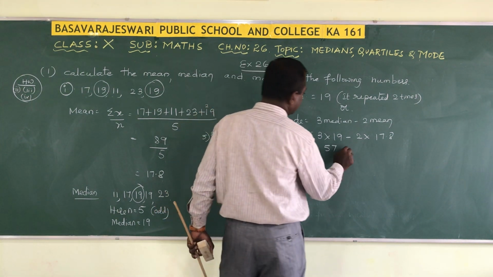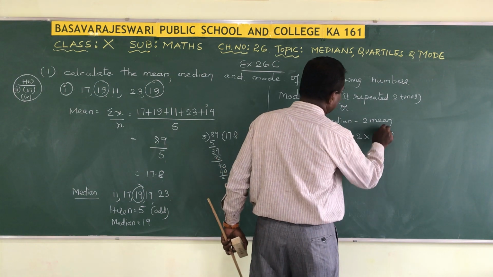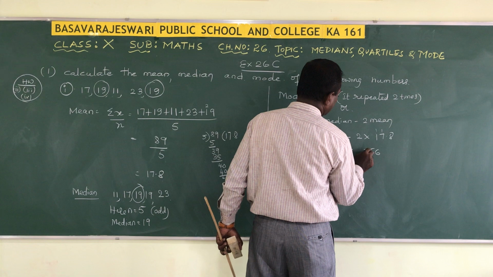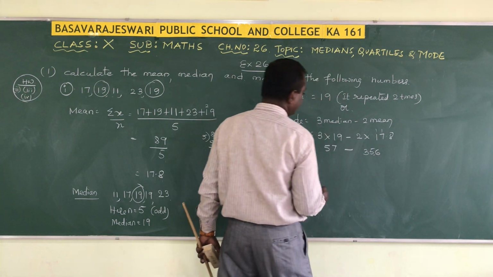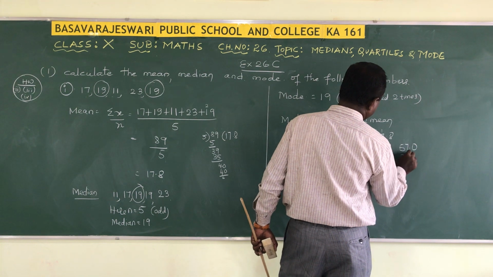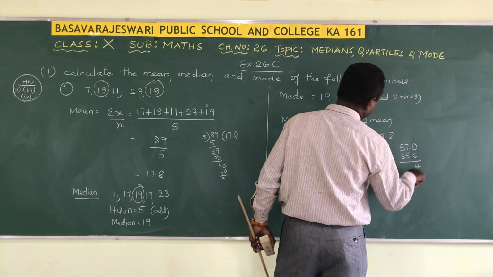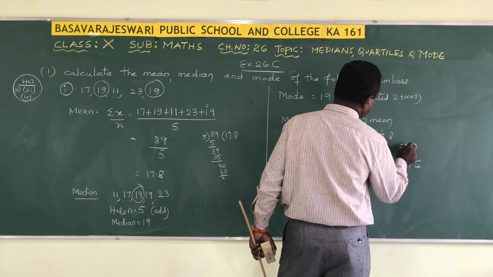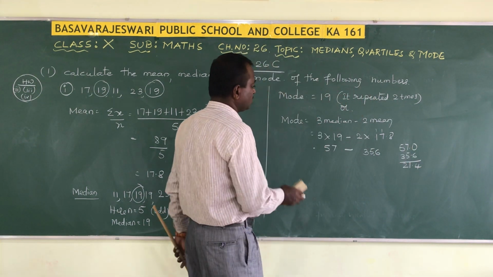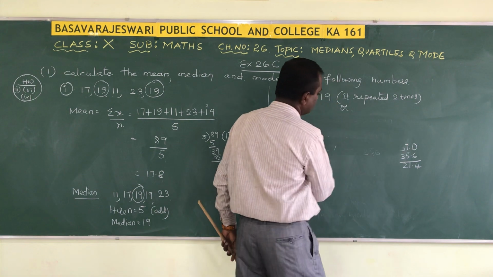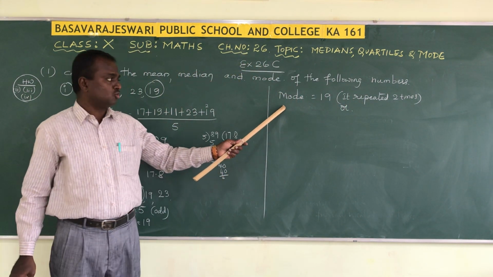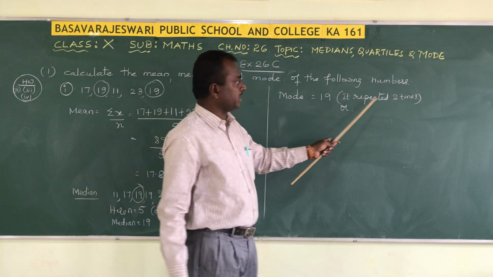That gives 57 minus 35.6, which is 21.4. We can use this formula also, but there is no need. We can find it directly. Thus the mode is 19, repeated 2 times.